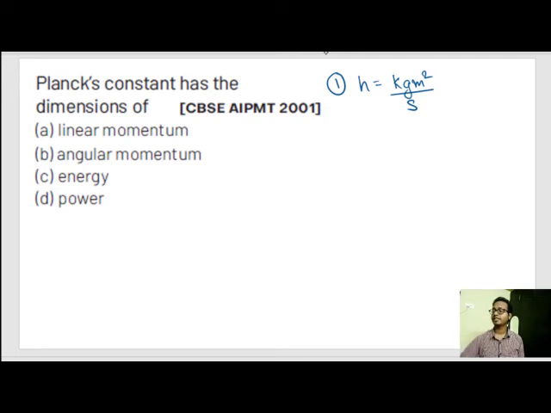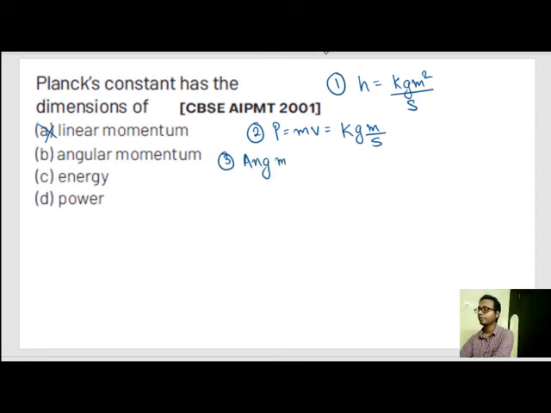Now let's check the 4 options. Linear momentum is mass into velocity, or kg into meter per second. Is it matching? No. Angular momentum is given by moment of inertia into omega.